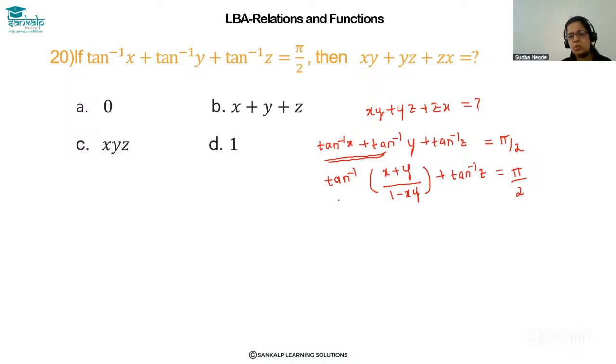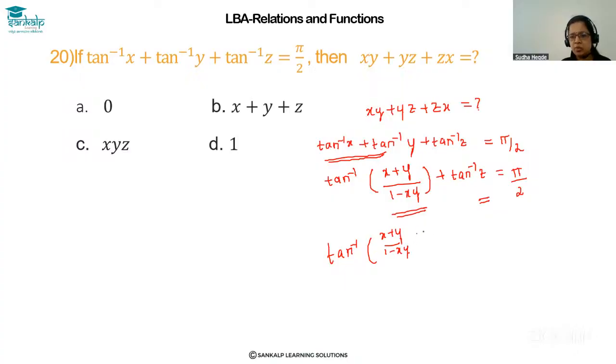Now again use tan inverse x plus tan inverse y formula. Instead of x you have this whole quantity. Instead of y you have z. Okay, so that is tan inverse, instead of x you have x plus y divided by 1 minus xy.